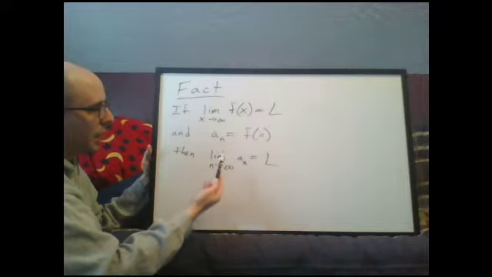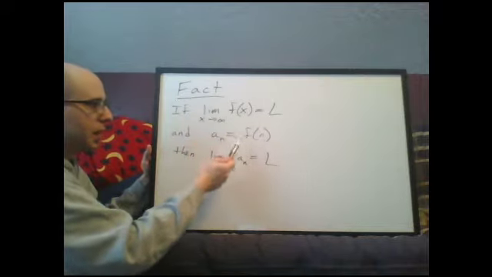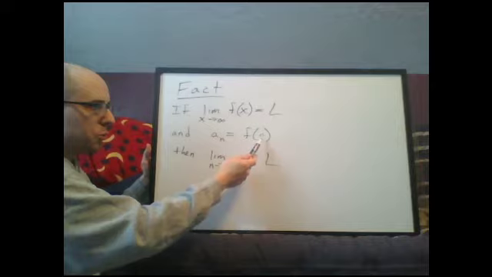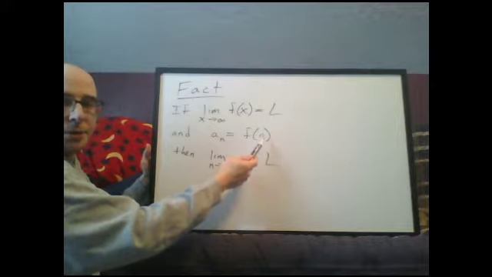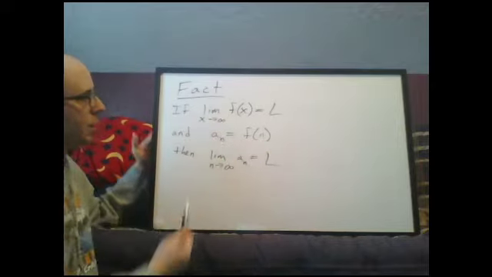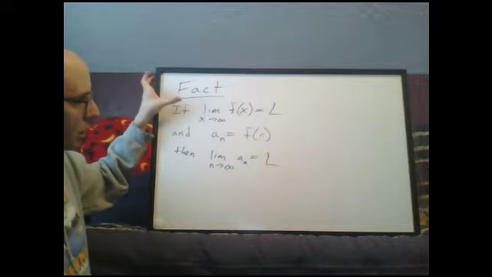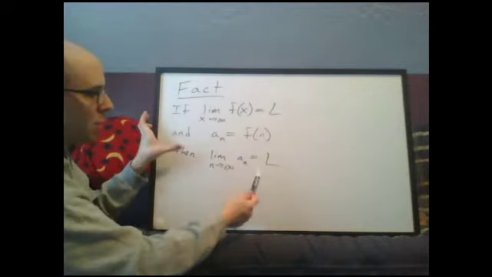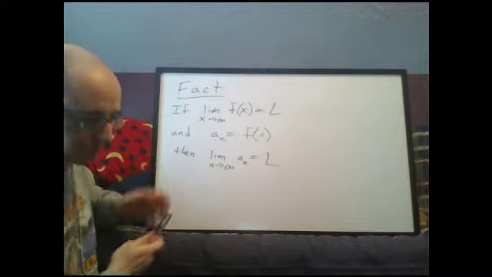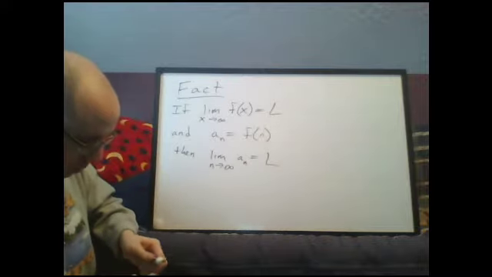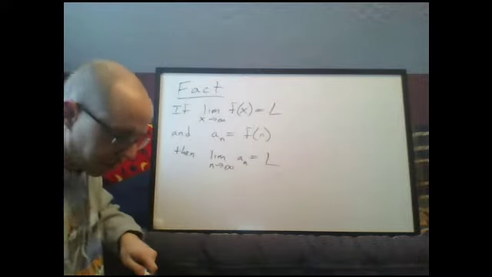So what we're saying is, if the function agrees with the sequence on those whole number inputs, then we can compute the limit of the function, and it'll be the same as the limit for the sequence. Okay, so let's do this with a concrete example now.